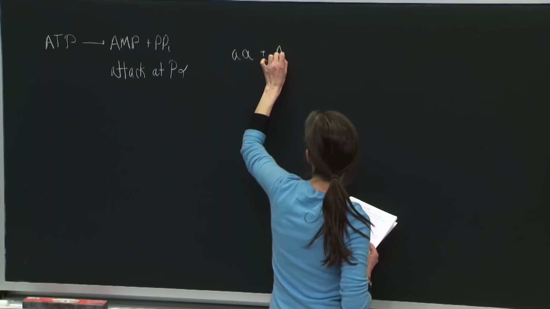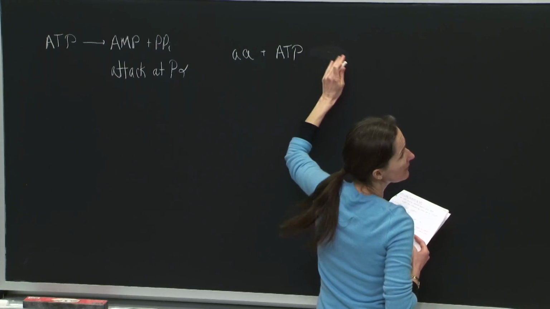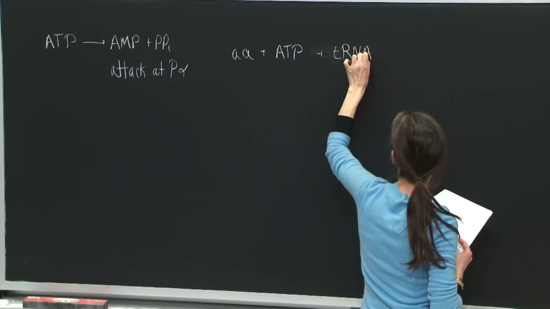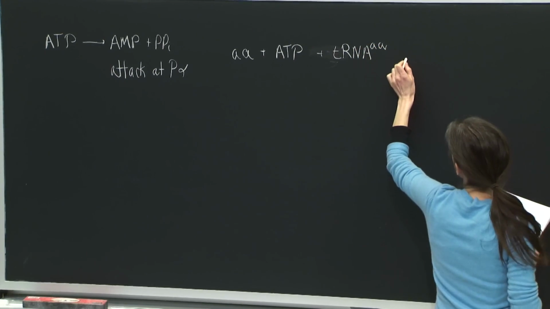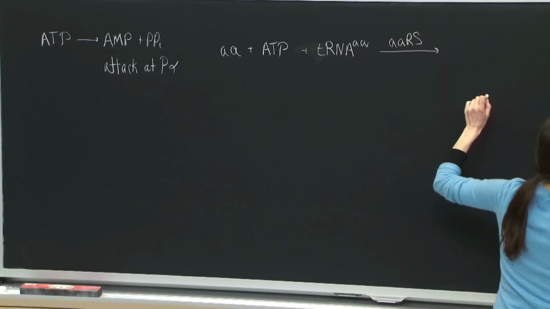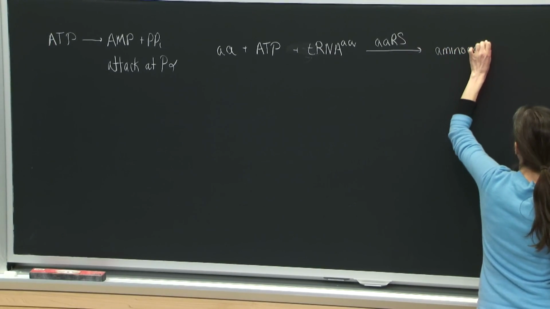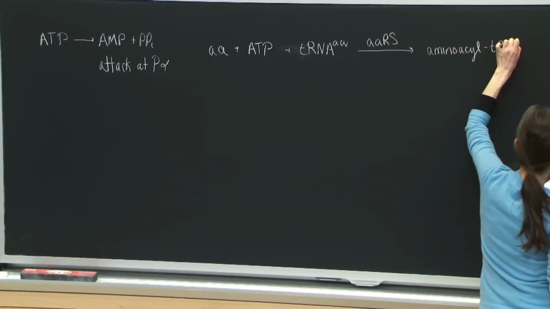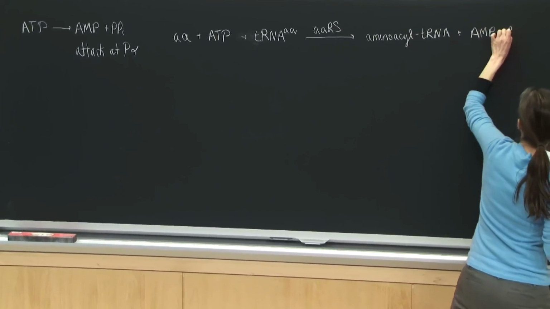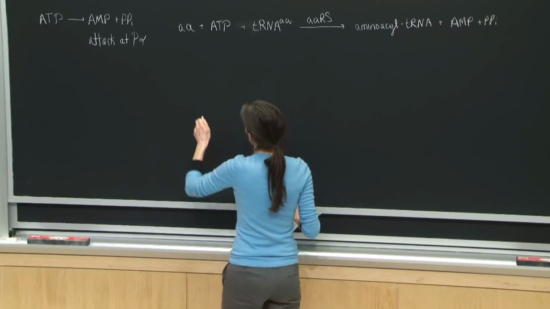So amino acid plus ATP plus the tRNA for that amino acid, aminoacyl tRNA synthetase, to give us the aminoacyl tRNA plus AMP plus PPi. Okay. So let's consider a mechanism.